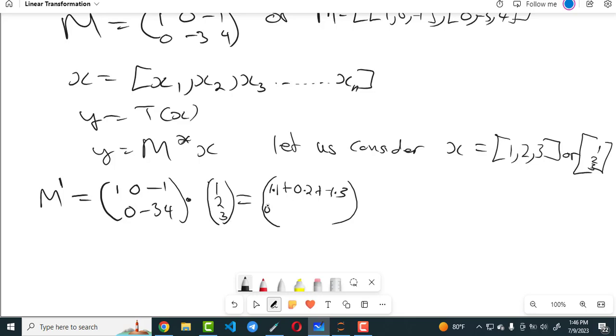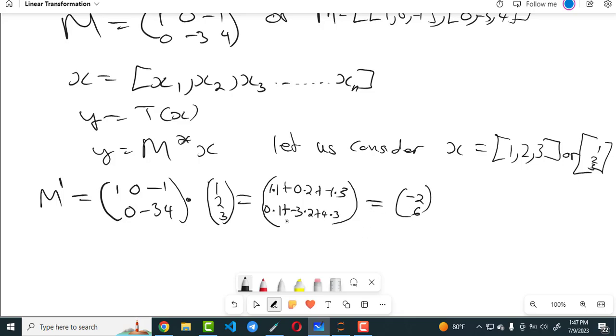So we are saying 0 dot 1 plus negative 3 dot 2 plus 4 dot 3, which gives us a sum of 1 plus minus 3, which gives us minus 2. Here it's 0 minus 6 plus 12, which gives us 6 here.